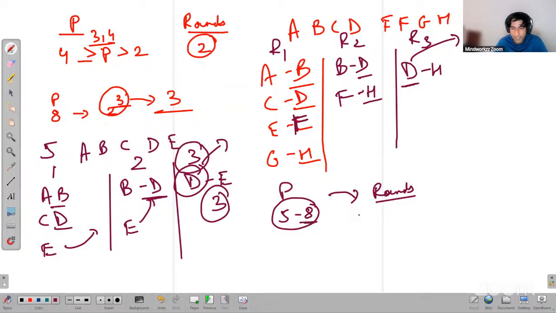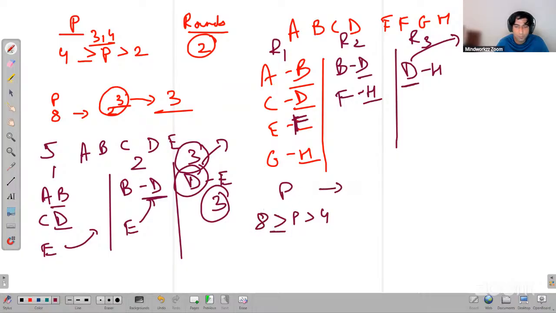So in this case, 2 raised to 3 is equal to 8. So when your number of players is greater than 4 but less than or equal to 8, you will always have the number of rounds as 3.